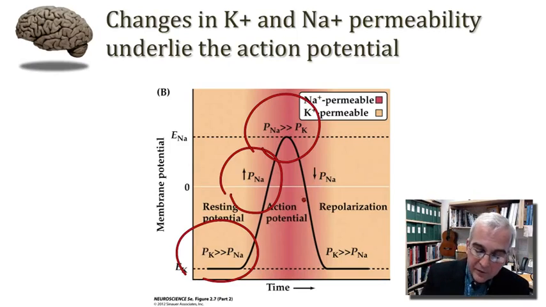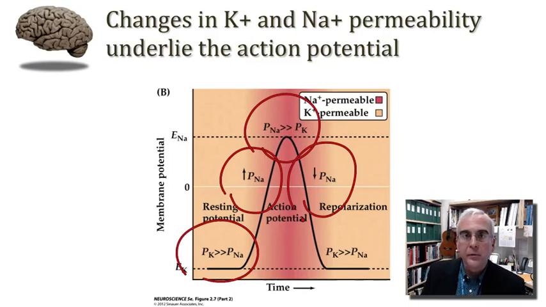Well, the falling phase of the action potential involves a dramatic reduction of sodium permeability, and this is the inactivation of this sodium conductance. We'll talk about the molecular mechanisms for that inactivation in this tutorial. But in addition, we know that the voltage and time dependency of the potassium conductance means that the potassium permeability is rising at the same time that sodium permeability is collapsing.